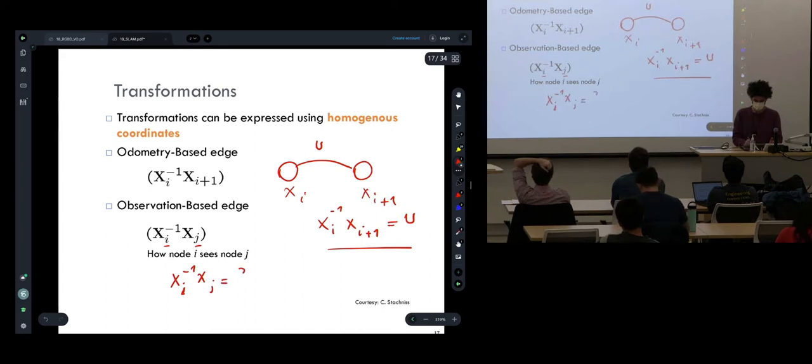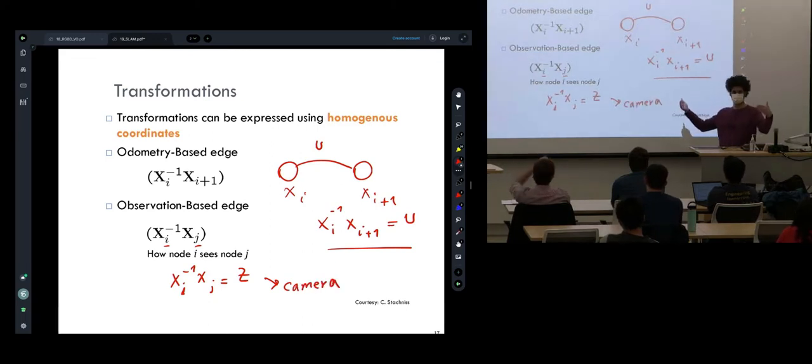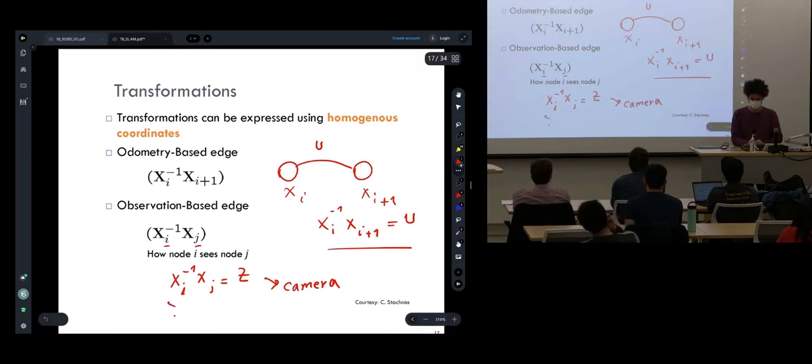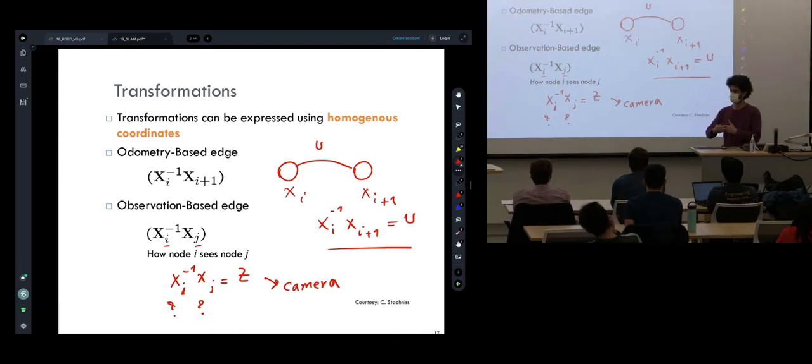I'm going to show it with Z. Maybe you get this from a camera: you extract features in 2 images, you run RANSAC, and you find a transformation. That will give you the Z, the relative transformation. So based on observation and evidence, you generate this constraint, because the sensor doesn't lie. But we do not know the value of these variables. Then we formulate an optimization problem based on sensor data. We find a trajectory that minimizes some notion of error.